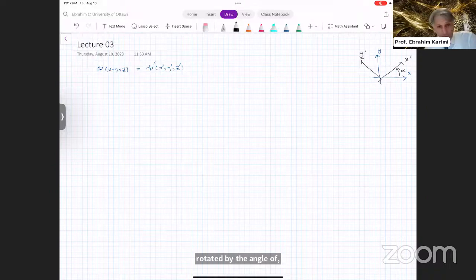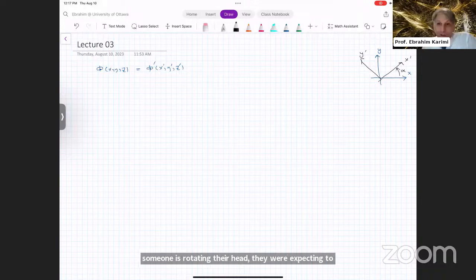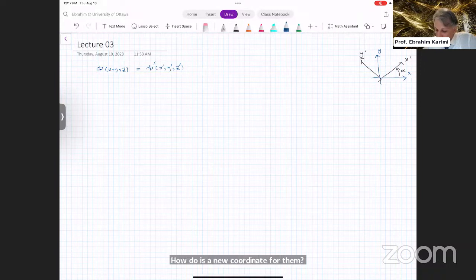But still, the quantity of a scalar is the same. So, for example, if you assign a temperature here, in my coordinate this temperature is the same. If someone is rotating their head, they would expect to see exactly the same temperature, although it's a new coordinate for them. And we said, let's take the derivative of that.